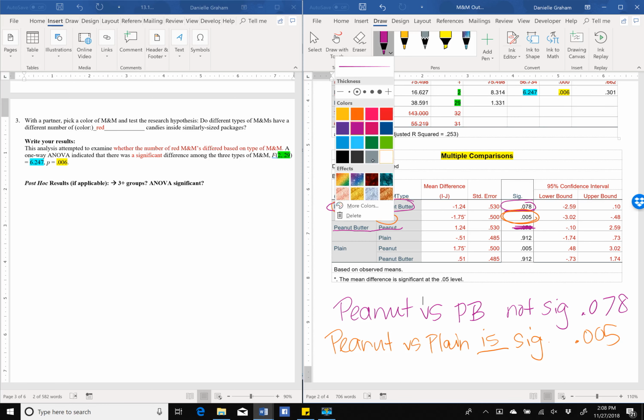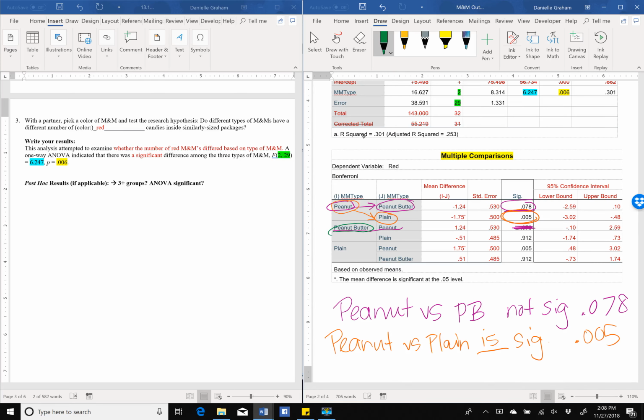So our third comparison we're going to do here is going to be peanut butter versus plain. So we come across here and we see that significance value is very high, not significant. So peanut butter versus plain is not significant, 0.912.